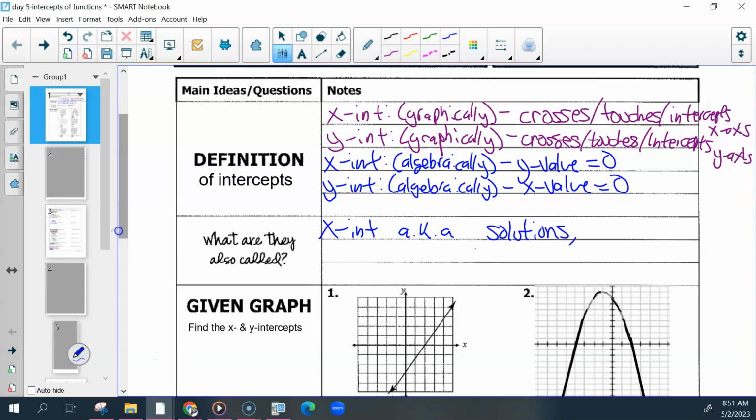There are two others. Anyone think of one of the others? Zeros is another. And roots is the last one.